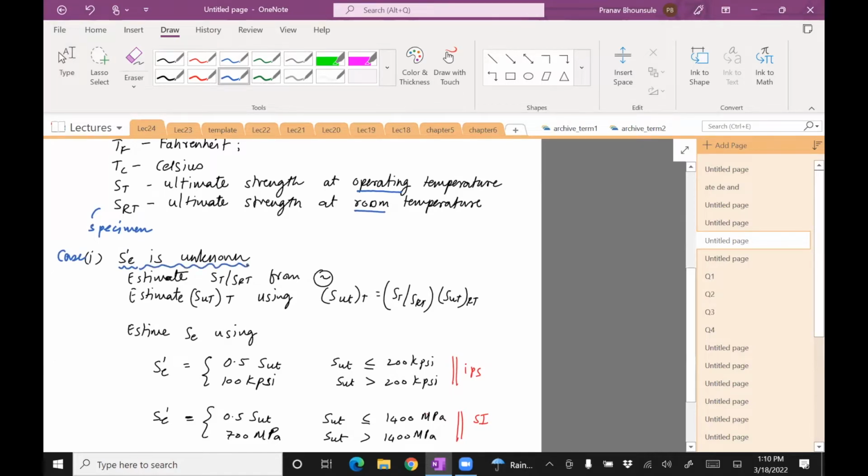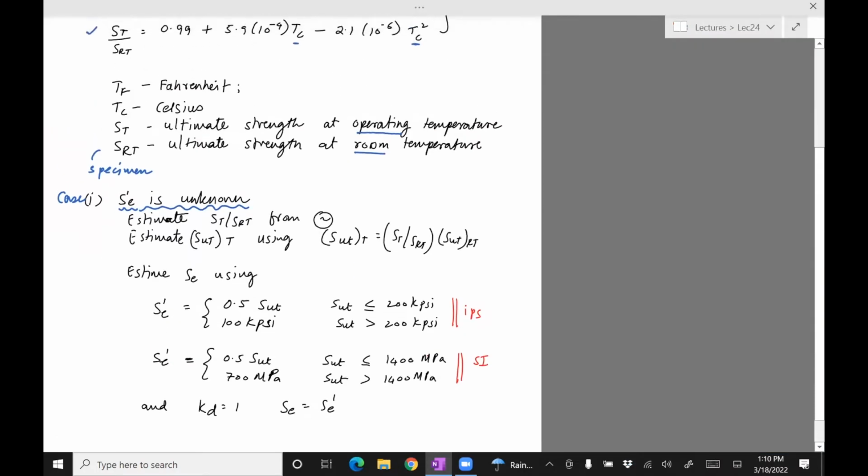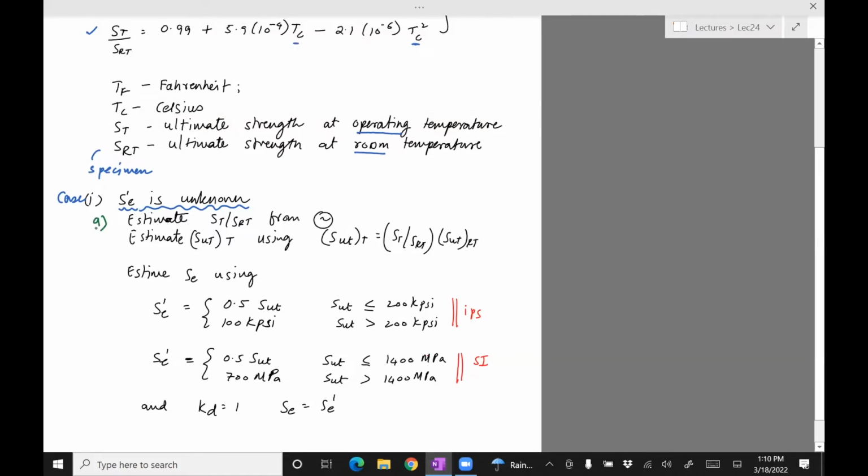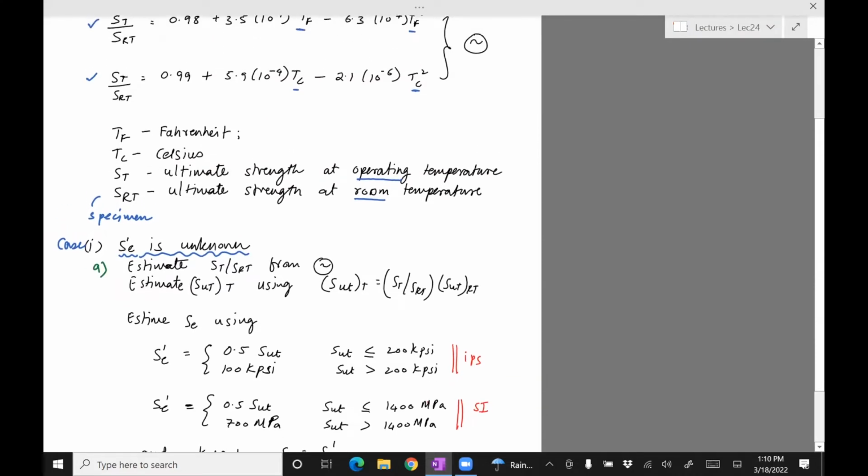Okay, so you will not have Se prime available to you. In this case, what you do is you first estimate the ratio St divided by Srt. From there, you know what the temperature is, and so you can compute that. Then compute SUT, the ultimate strength at the operating temperature, not the room temperature, using a simple ratio.